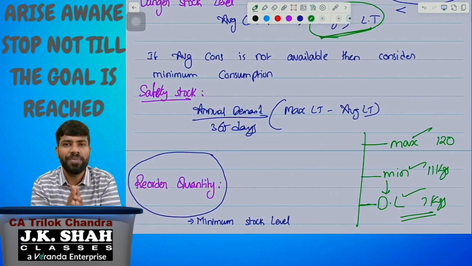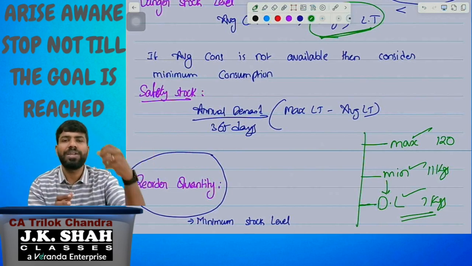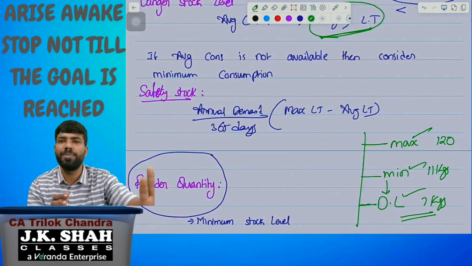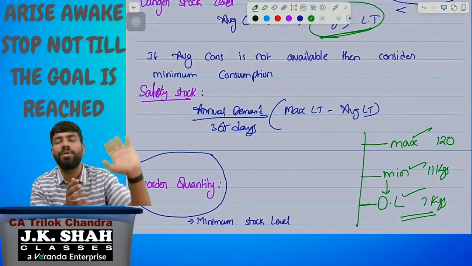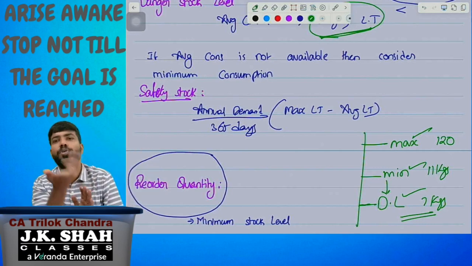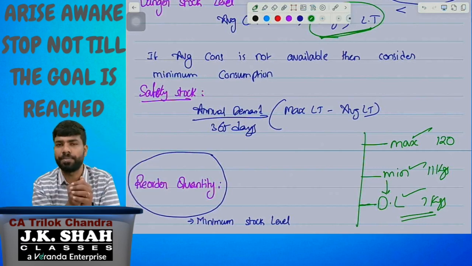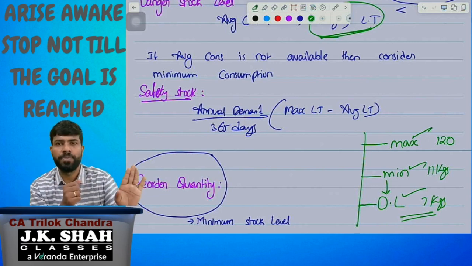Then what will the management do? They'll stop all the general productions, the regular production in the company that is not based on demand. Those general productions will be completely stopped.